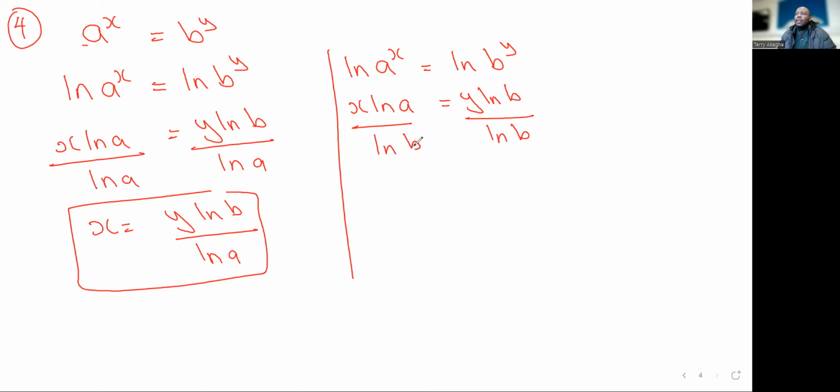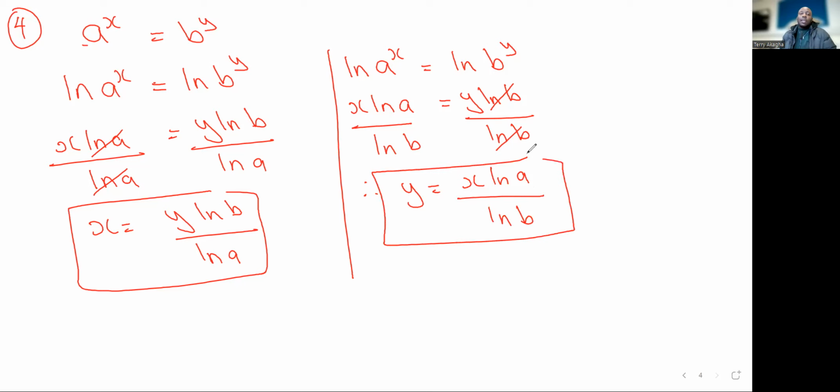So therefore, this is going to cancel out, just the same way this canceled out here. So y is going to be equal to x ln a divided by ln b. So you can see you can also use ln to solve it.